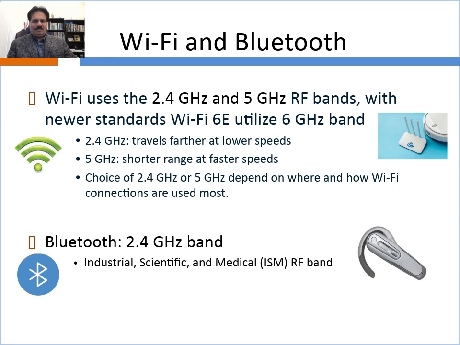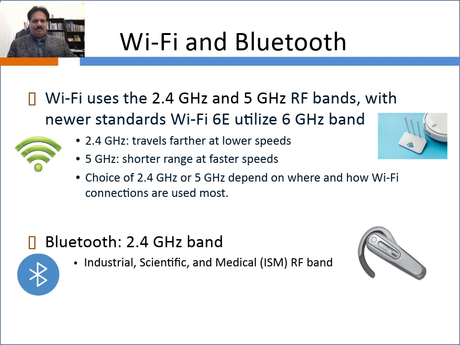Let me take you to here, which speaks about Wi-Fi and Bluetooth. Wi-Fi uses the 2.4 gigahertz and 5 gigahertz RF band. RF stands for radio frequency. With newer standards, Wi-Fi 6E actually utilizes the 6 gigahertz band. 2.4 gigahertz travels further at lower speeds. 5 gigahertz travels a shorter range at faster speed.